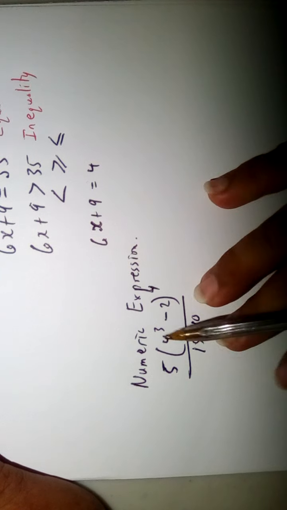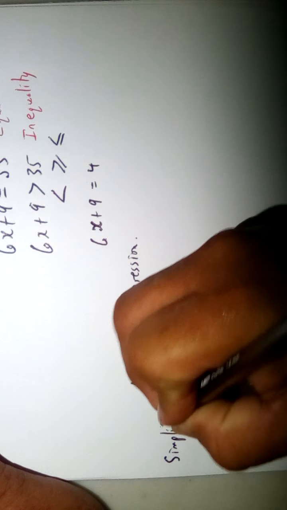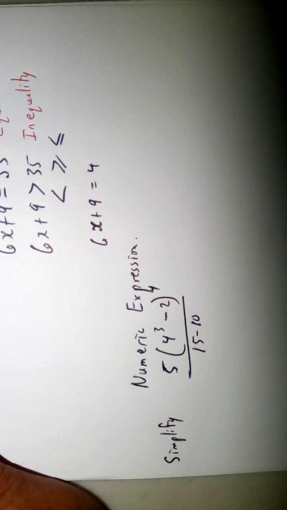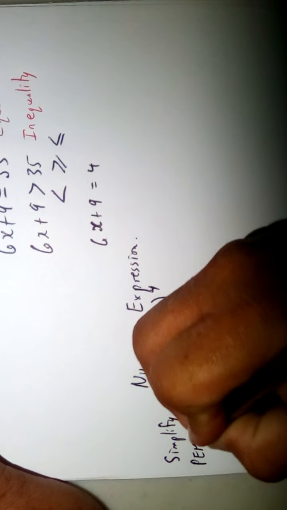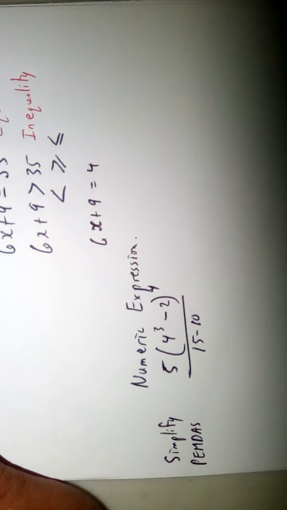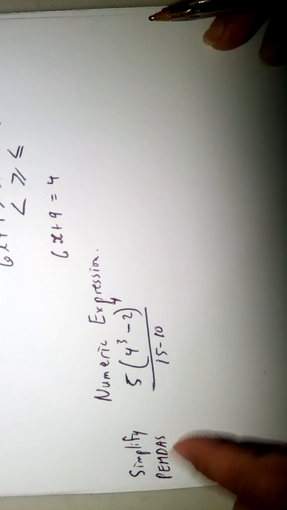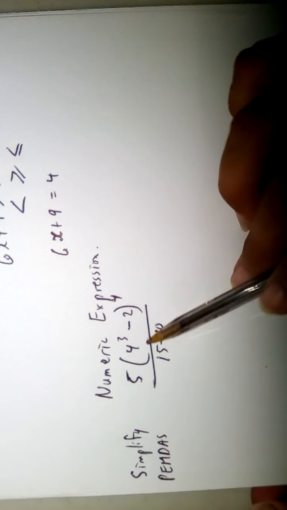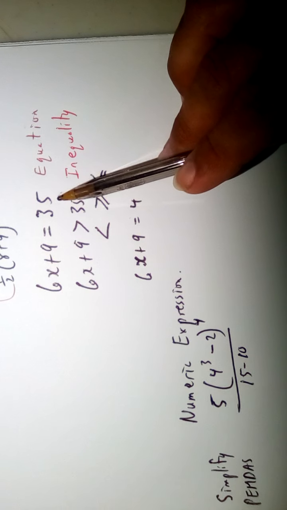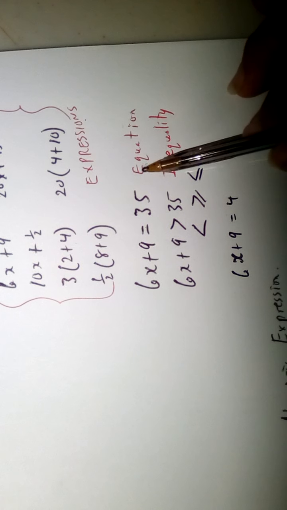Well, I could give it the word, say, simplify, and you mean that you need to solve this. But for us to solve this, we need to remember something: PEMDAS. We need to work with PEMDAS to solve such a numeric expression, in other words, the order of operations. So just remember that. So we have seen now numeric expressions, algebraic expressions, and these are algebraic equations.